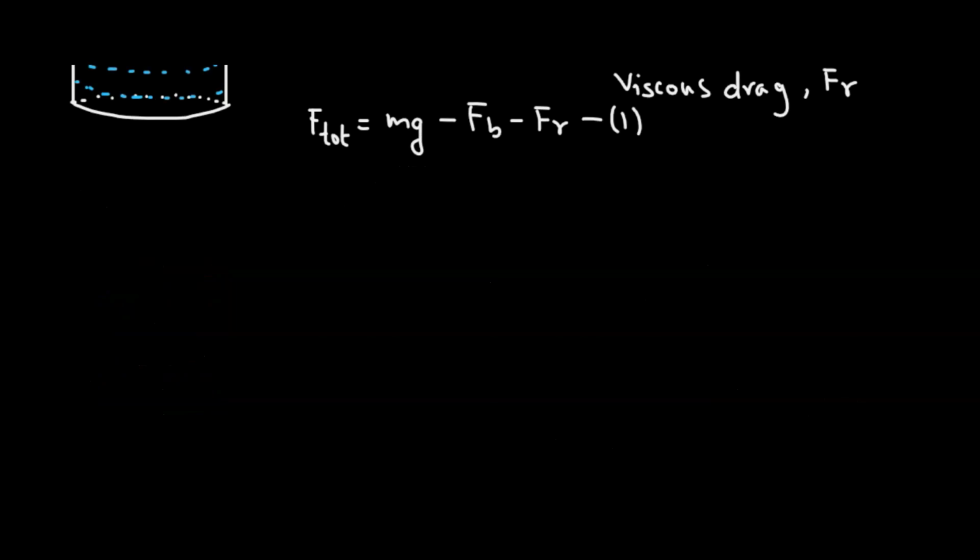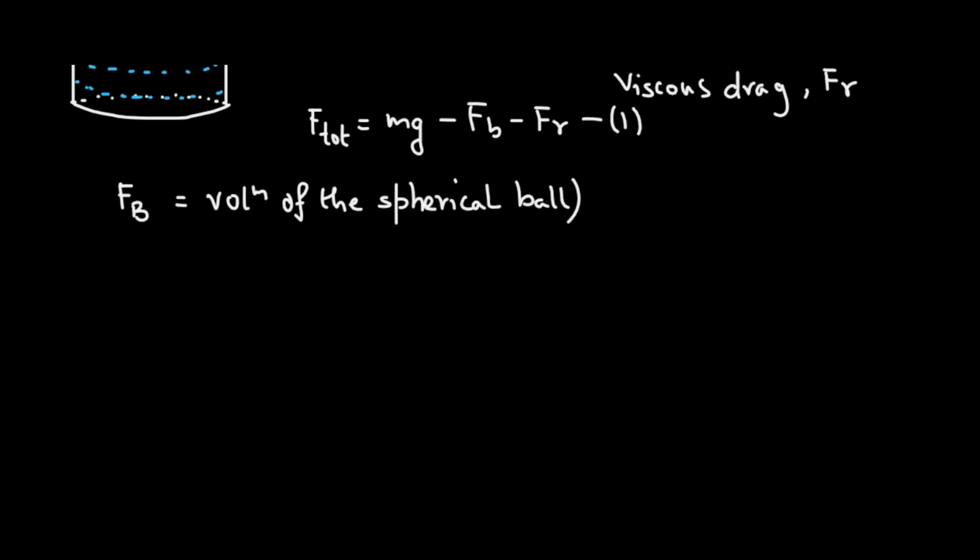The buoyant force Fb is given by the volume of the spherical ball multiplied by the density of the viscous liquid times the acceleration due to gravity.